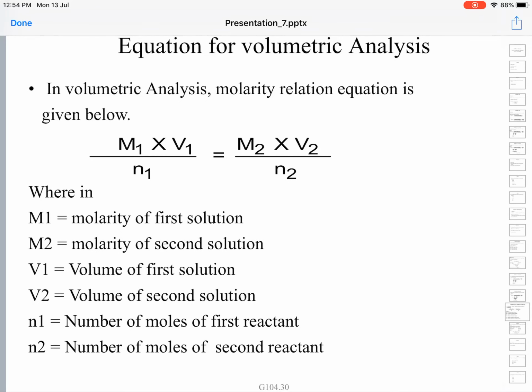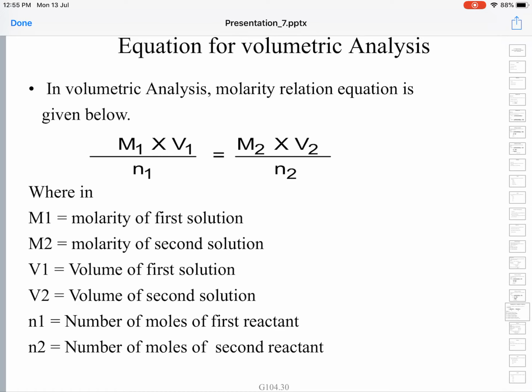Equation for volumetric analysis. In volumetric analysis, we take two solutions: one solution of known concentration, which is our standard solution. A standard solution is one whose concentration is known to us. We have already discussed this in the solutions introduction. We further take another solution whose concentration is not known to us.